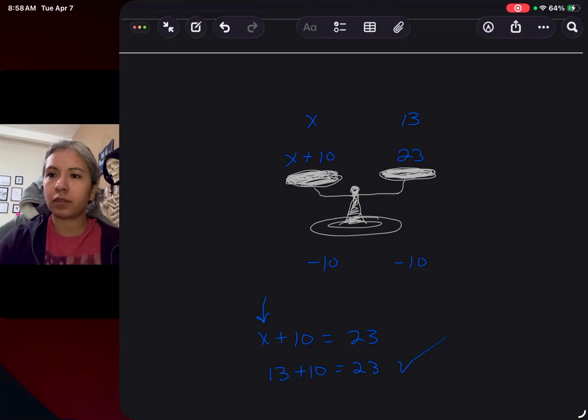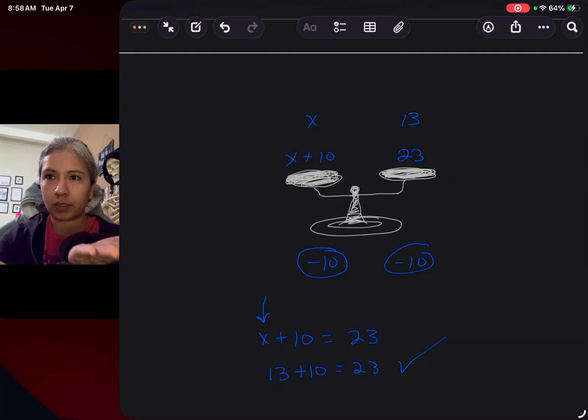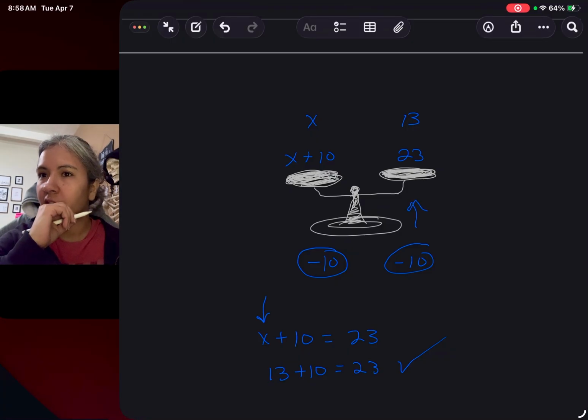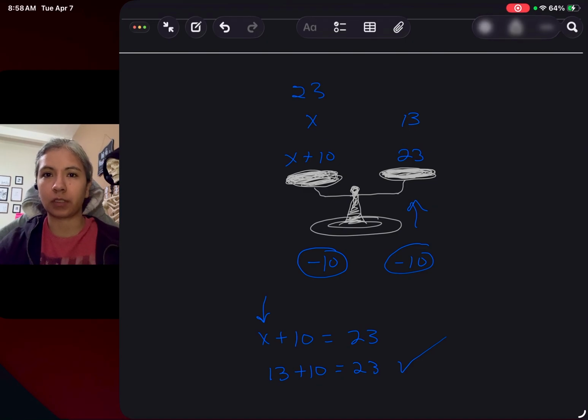So we're just going to check that. Whatever operation you do, our operation was subtracting 10, whatever we do on one side, we do on the other. That way we keep the balance. Because if we just take away 10 on the right side, and then we have 13 plus 10, then we'd have 23 equals 13.